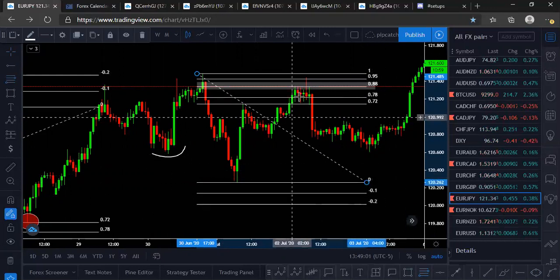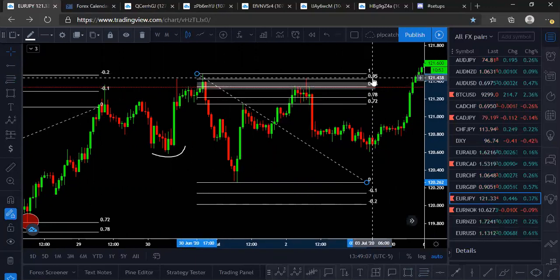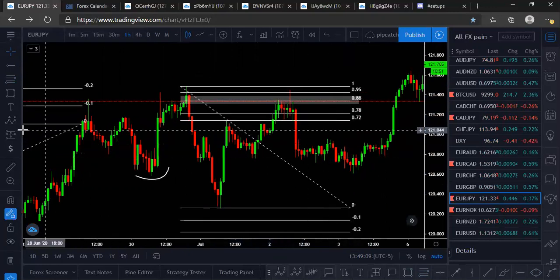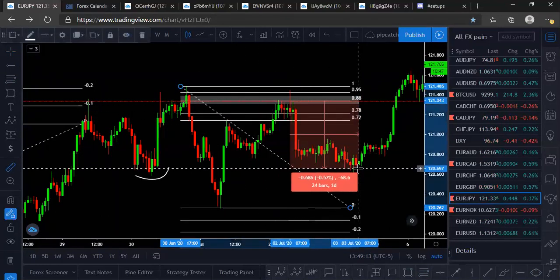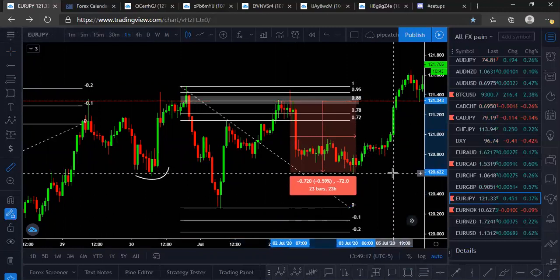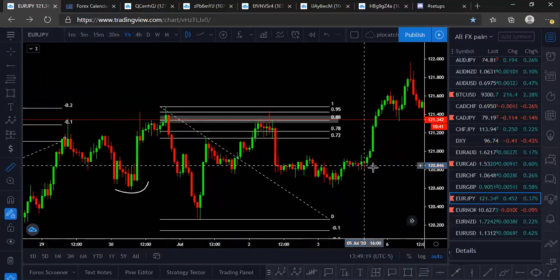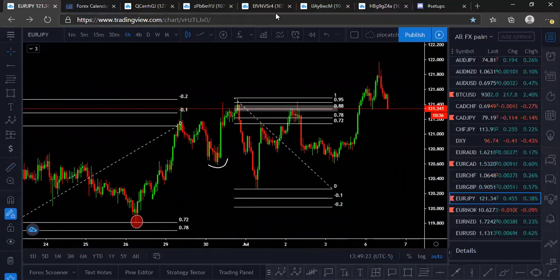As you can see, price rejected from this 88 and 95 fib level very cleanly, with about 70 pips, 72 pips max on that trade, which was very beautiful.